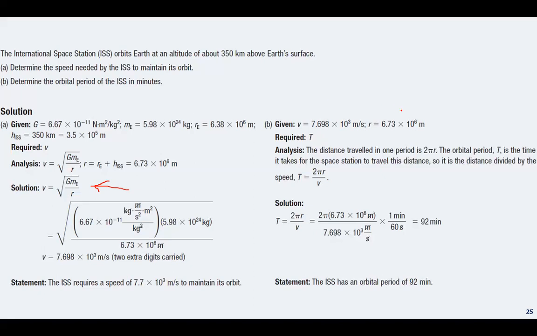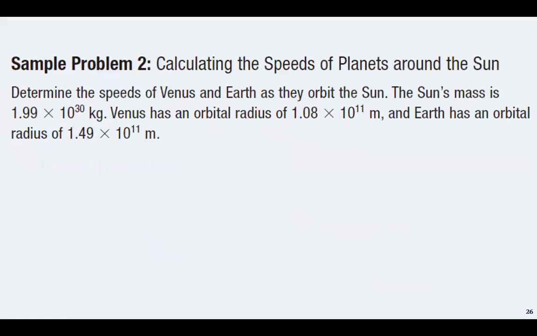All right, no questions. Let's consider another problem here. In this question, determine the speeds of Venus and Earth as they orbit the sun. The sun's mass is approximately 1.99 times 10 raised to the power of 30 kilograms.